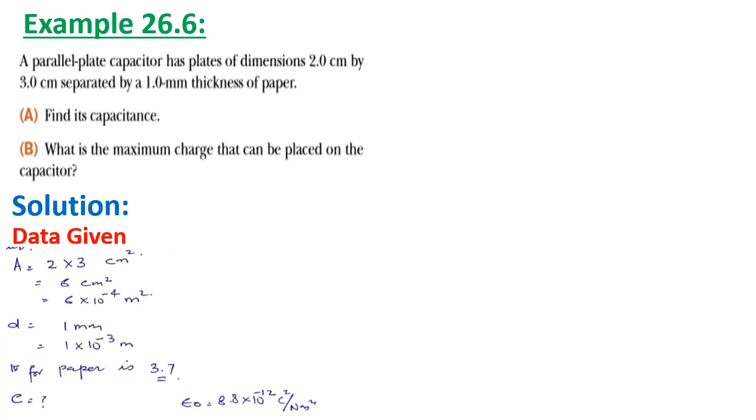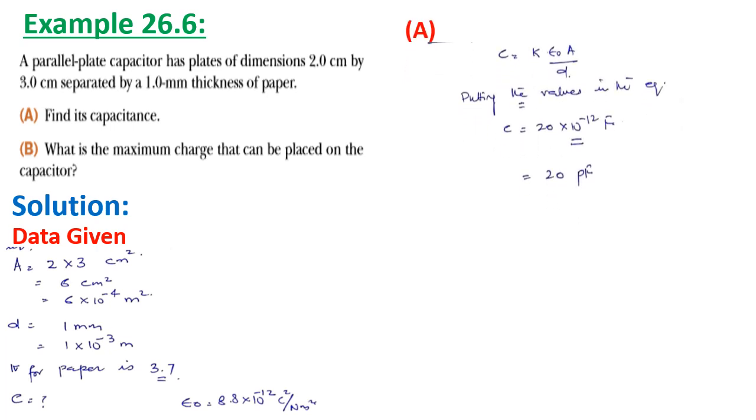So we will proceed as we know the formula for capacitance for parallel plate capacitors. It is C equals kappa epsilon naught A over D. We know the value of epsilon, we know the value of kappa, we know the value of area, and we also know the value of D. So by putting all these values within the formula, we will get 20 into 10 raised to the power minus 12 farads.